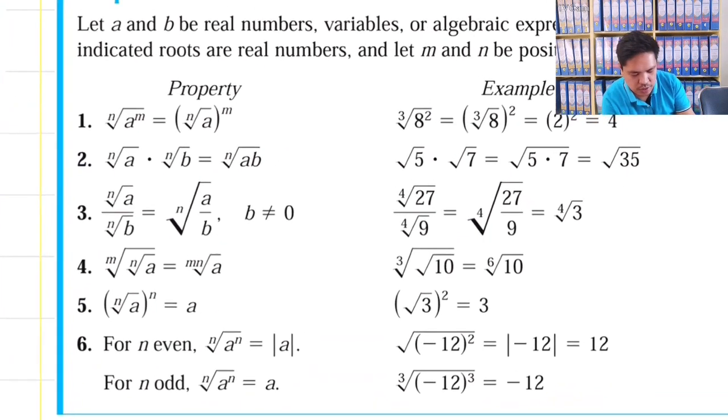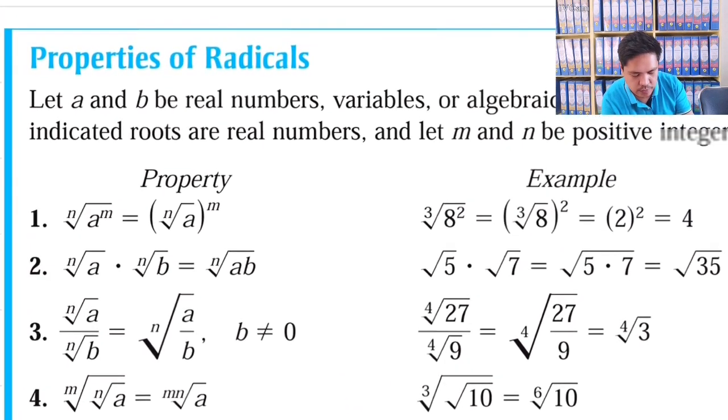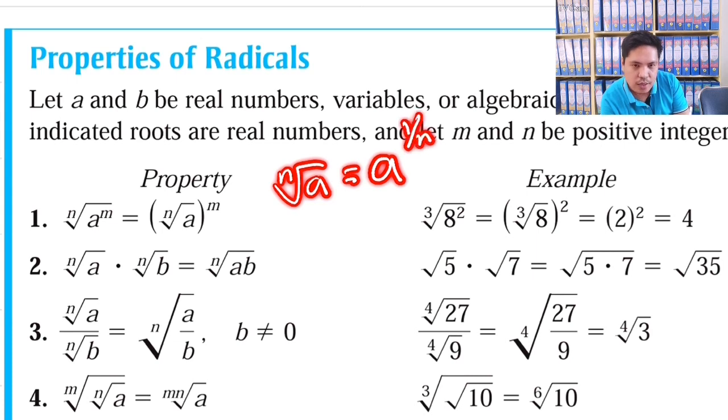Actually, yung nth root of a is the same as a raised to 1 over n. Okay? Yung fractional na exponent, yung kanina kasi integer yun, di ba? Di yun fraction. Pero if fraction yung exponent, actually indicates the root.